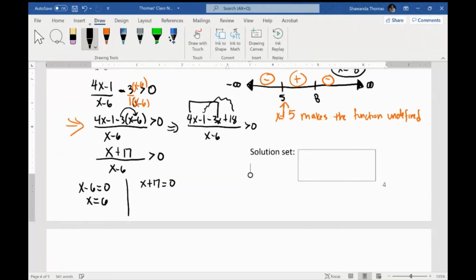That's the easiest thing. So it'll be what? x equals negative 17. All right, negative 17, 6, negative infinity to positive infinity. All right, I want you to test all 3 intervals.